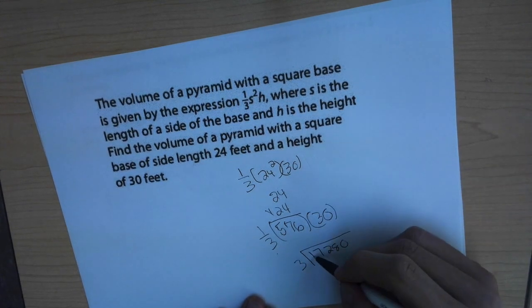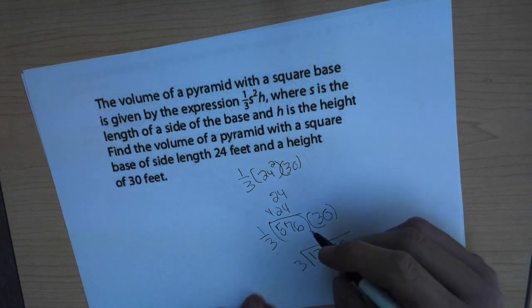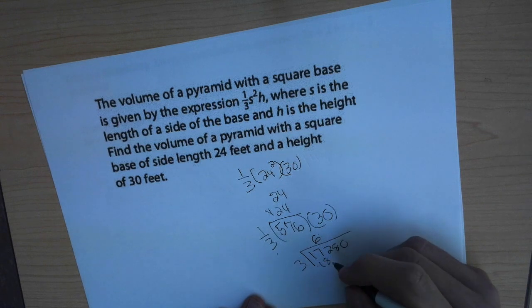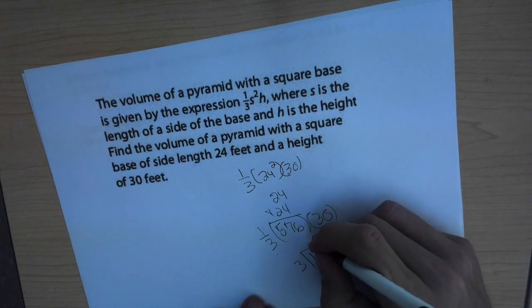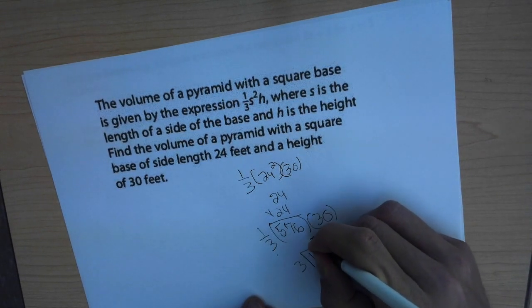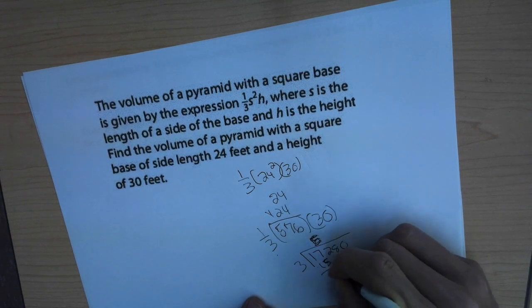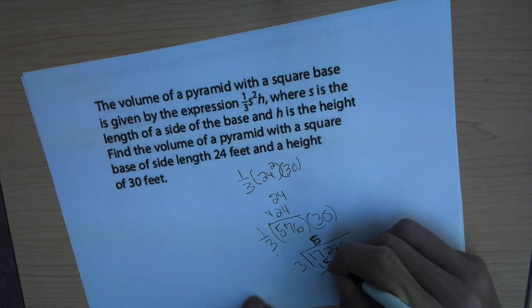3 goes into 1, doesn't work. If you get stuck, you back up the truck. You get 3 times 6, which is 18. That's too much. So I've got to make this a 5. And I make this into a 15. Get a remainder of 2, bring down my 2.